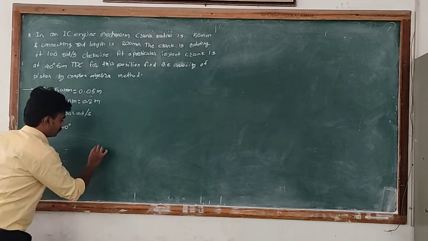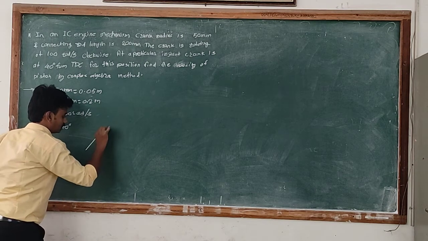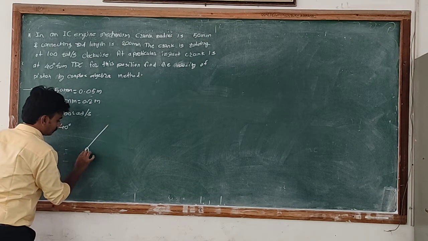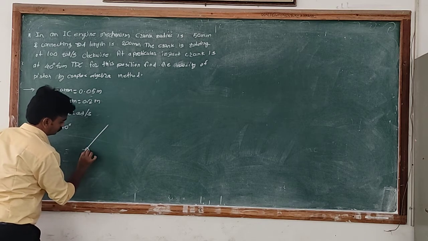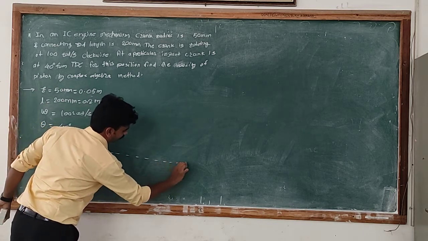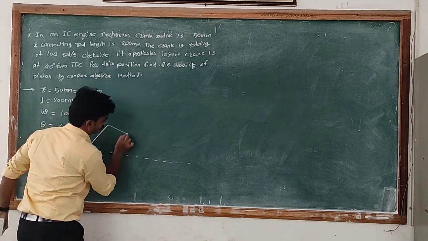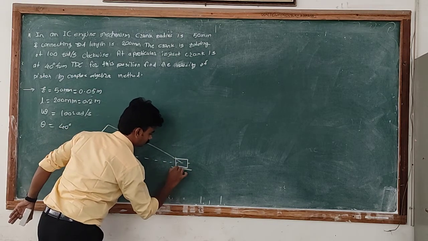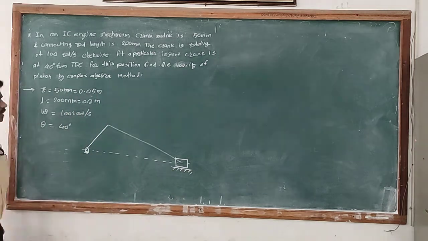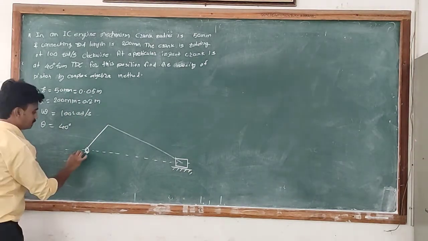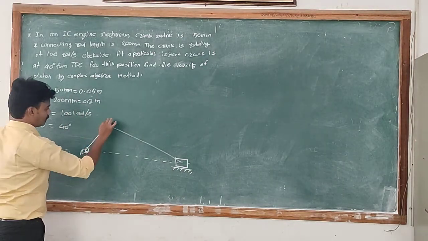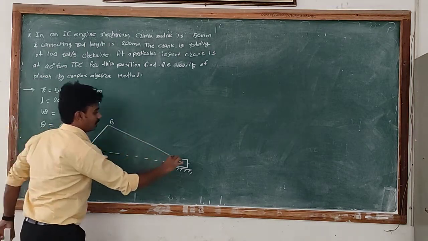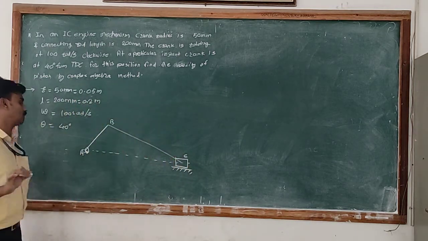This is my crank, this is my line of action, and this is my piston. I will mark the points as A, B, and C.